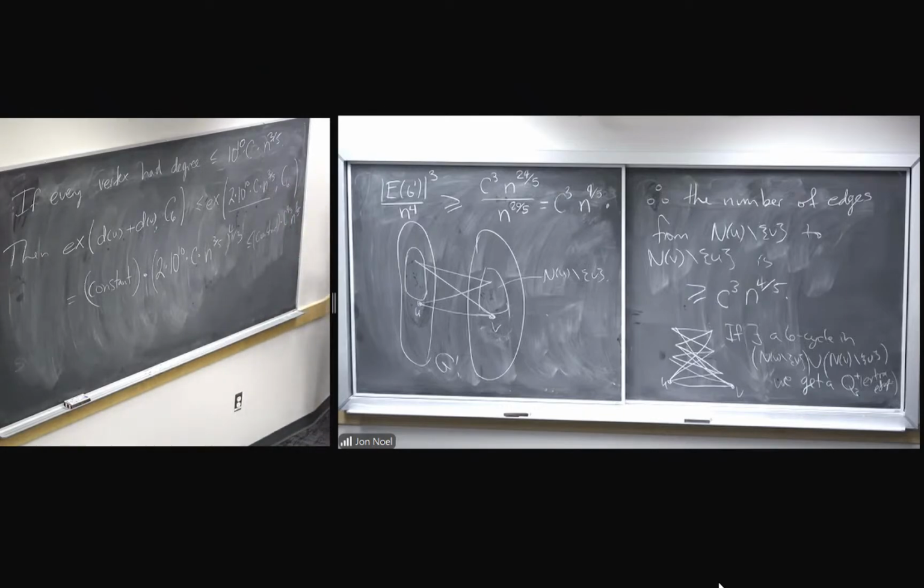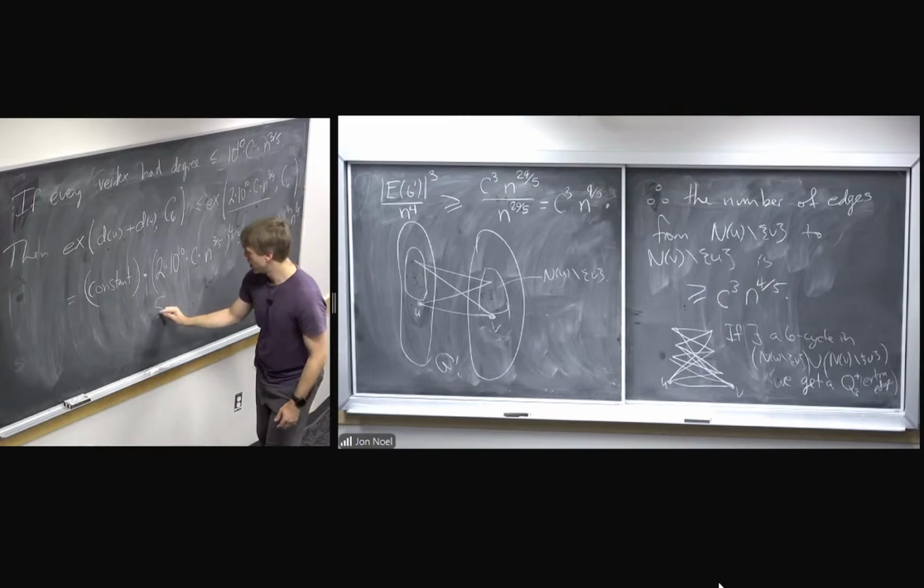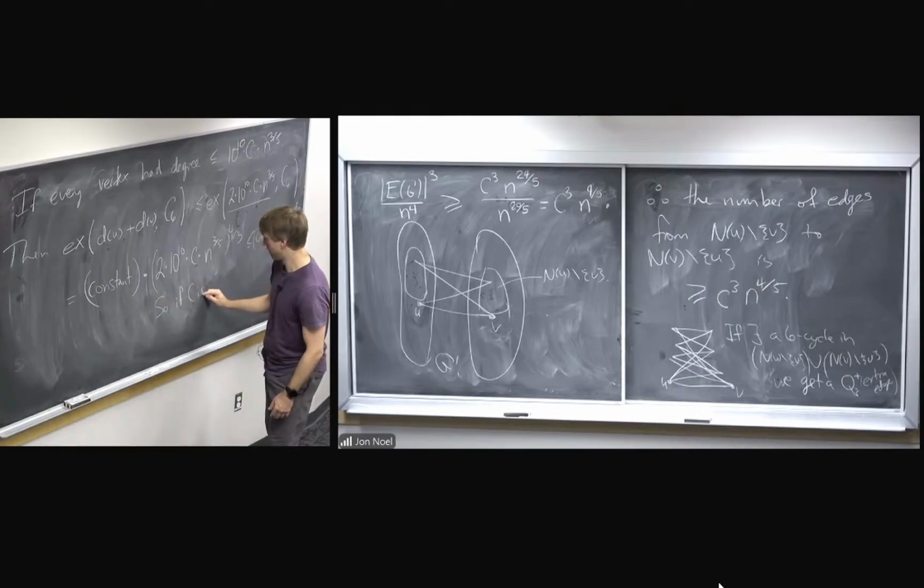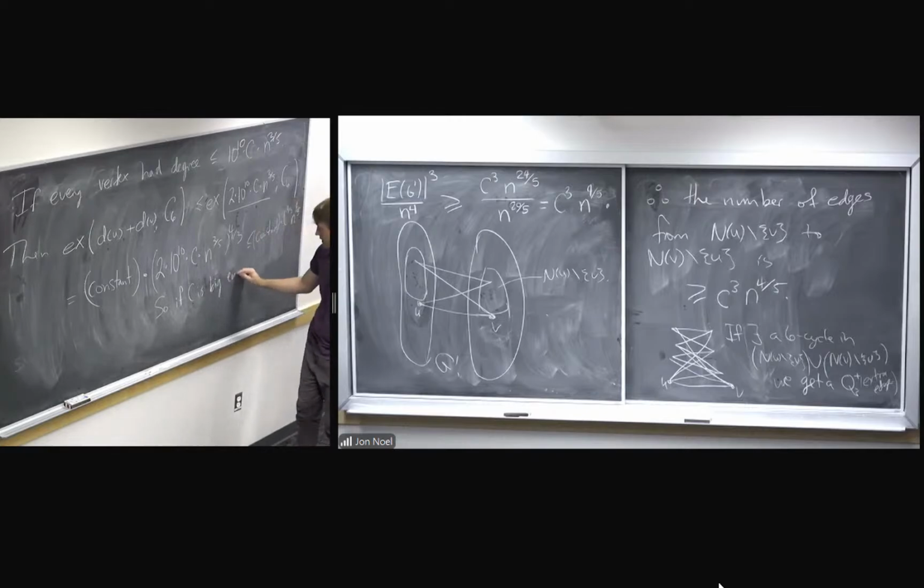So if C is big enough, then the number of edges in this thing, the neighborhood of U minus V, neighborhood of V minus U, is large enough that we have to find a C6.